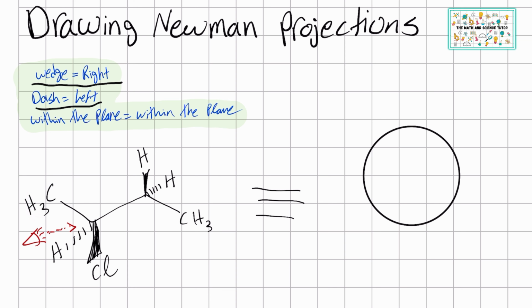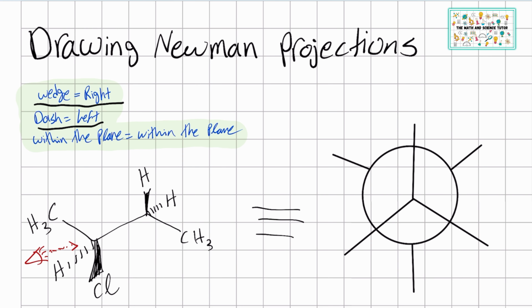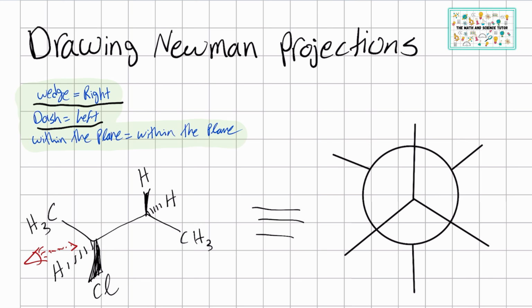So we will draw the conformation like so. As for the back carbon, we draw the lines outside of the circle and they don't go in, and that's how we represent that it's in the back. So over here, this is the front carbon, and here is the back carbon.